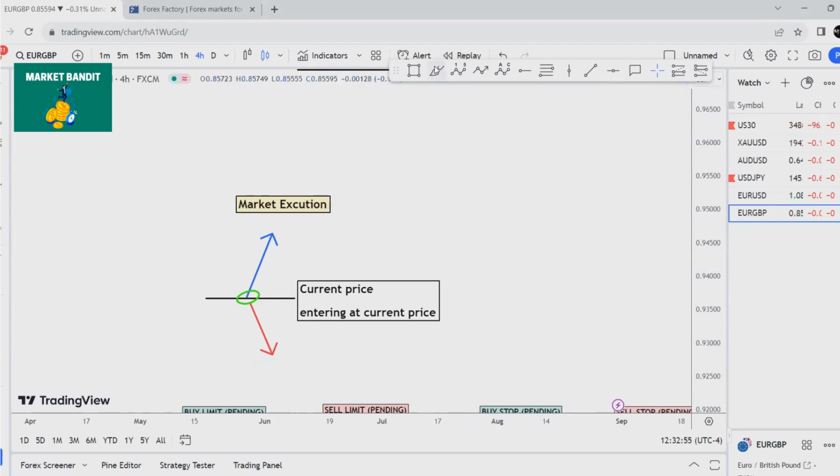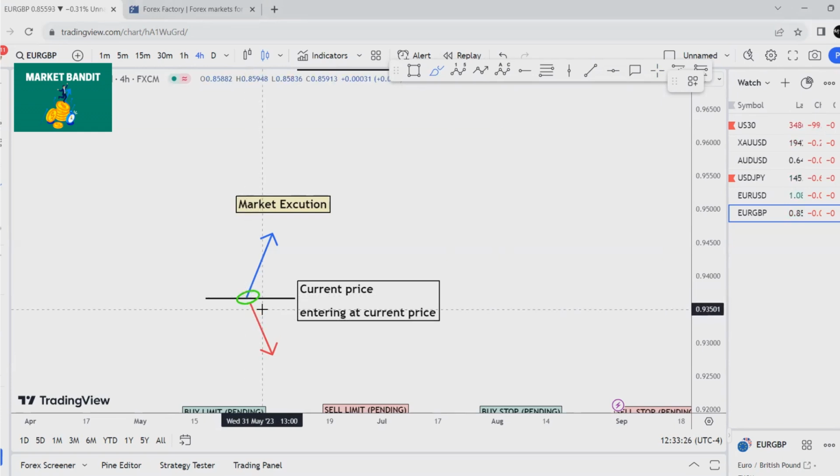So market execution is very simple. You're basically entering the trade at current price. If we look on the screen over here where my mouse is, you see that price is 0.93650, right? So you're entering the market at that current price, whether for buy or sell. If you take, say, a market bandit setup and it's for a buy, you're entering the market in real time for a buy position or a sell position.